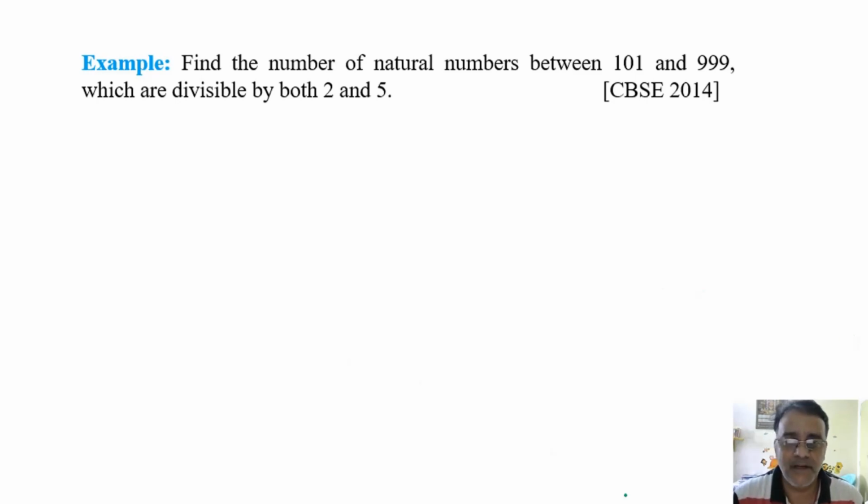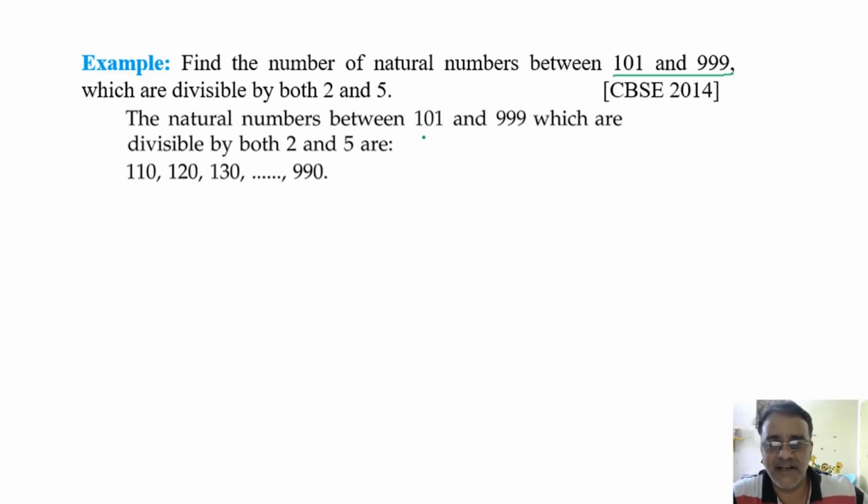So what is the first number between these two which is divisible by 10? 110. What is the last number? 990. Very good. So the natural numbers between 101 and 999 which are divisible by both 2 and 5 are 110, 120, 130 up to 990.